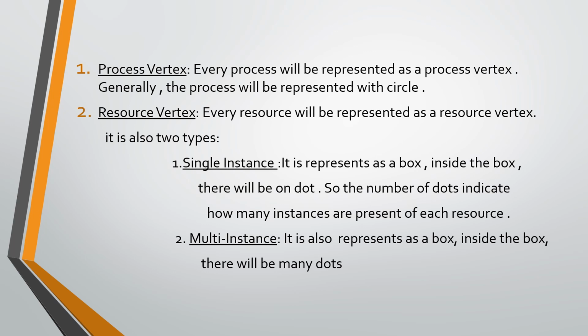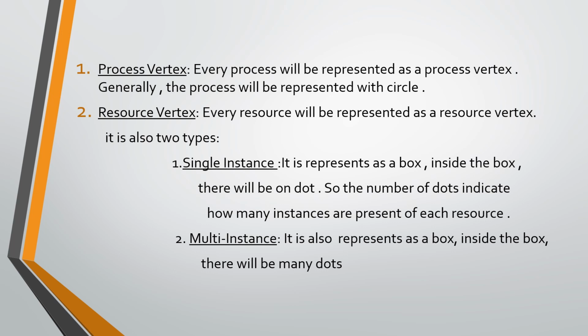Process vertex. Every process will be represented as a process vertex. Generally, the process will be represented with a circle. Resource vertex. Every resource will be represented as a resource vertex. It is also of two types, single instance and multi-instance.